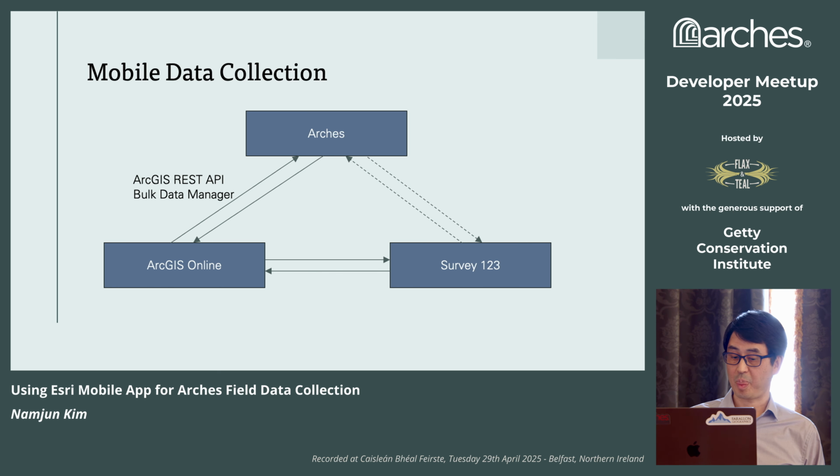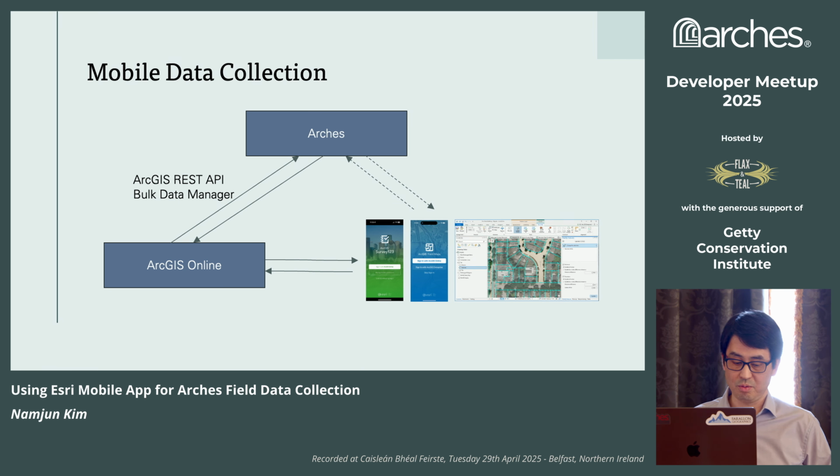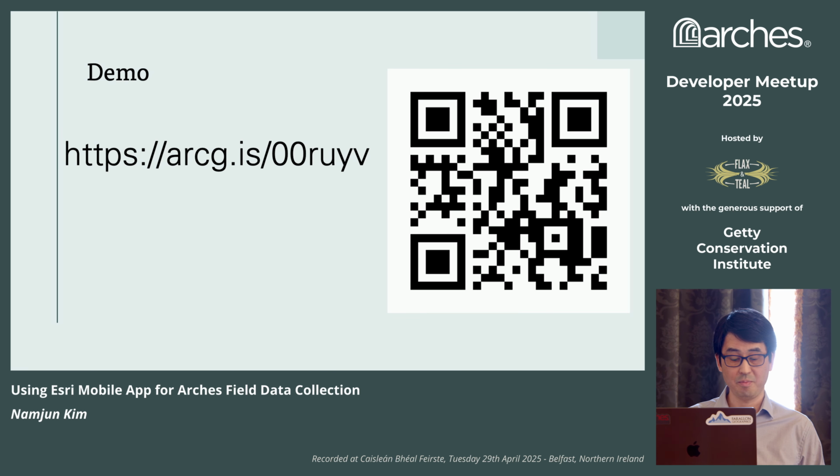In fact, we can use any ESRI apps or desktop too, and I believe we can use other open source mobile systems like Fulcrum or ODK. So it opens up new possibilities, I believe.